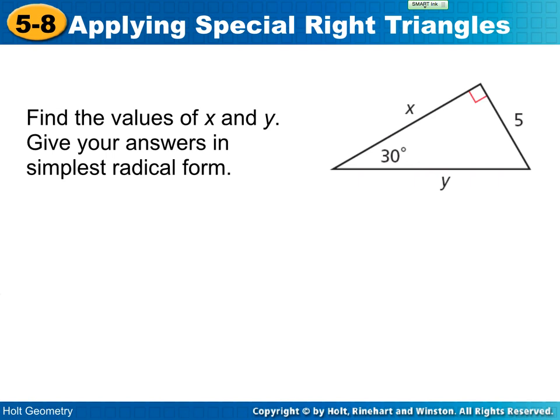Just one that has 30 degrees, 60 degrees, and 90 degrees. The hypotenuse, you take the short leg times 2.